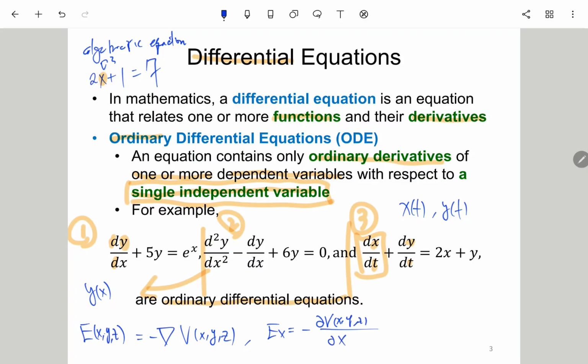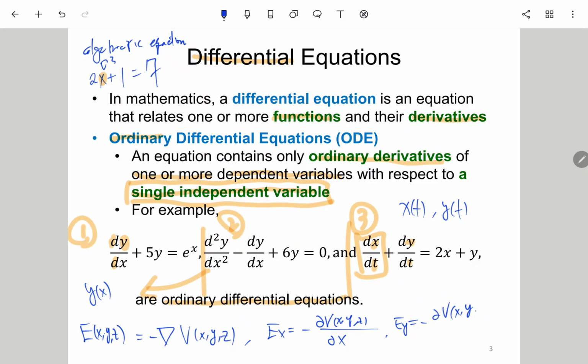Which means that even though the potential can be a function of x, y, and z, when you take the partial derivative, you consider x as the only variable and y, z to be constant when you calculate the partial derivative with respect to x.